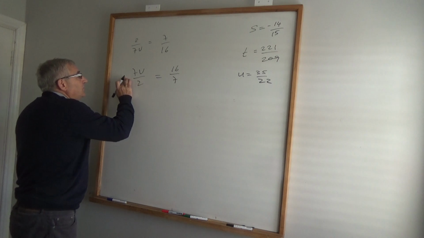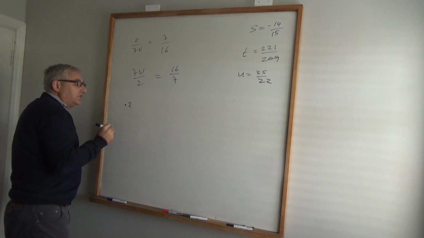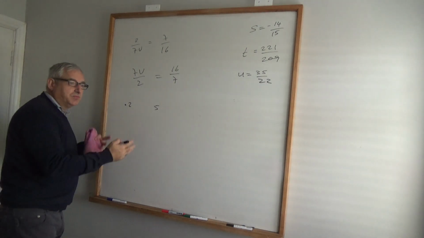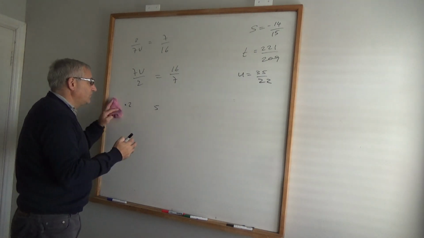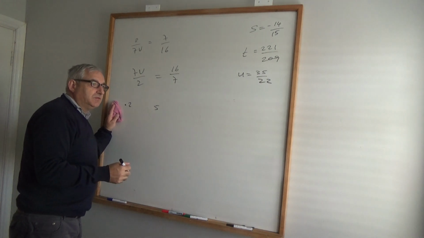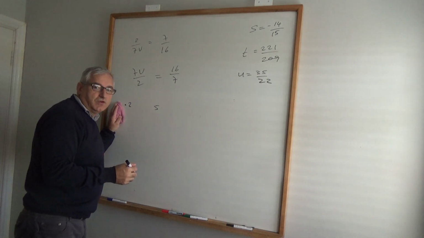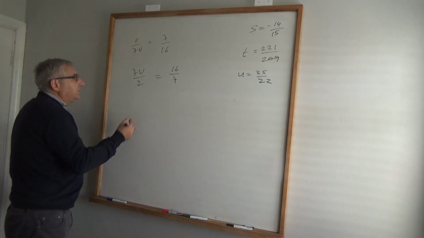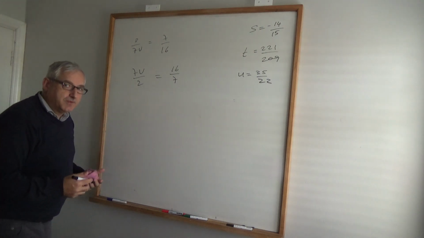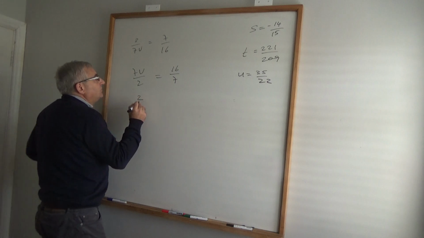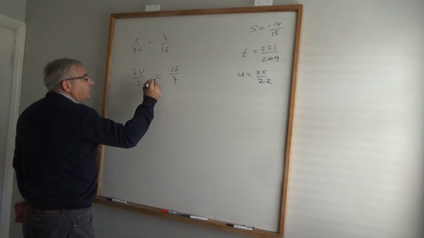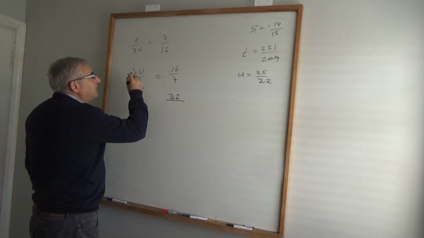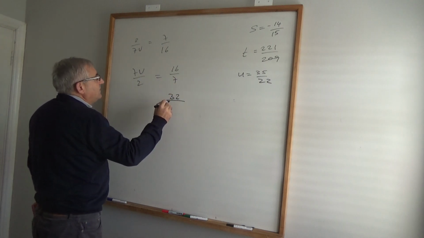But if you want to be really sophisticated, like what's turning 0.2 upside down? The answer is 5. But you've done the reciprocal of 0.2, but it wasn't in fractional form in the first place. So the word reciprocal is something you can do for any number, no matter what form it's in. But in this case, we can just simply say turn them upside down. So we've done that there, and the 2 goes up, and I'll just calculate that. 16 2s is 32, and 7 7s is 49.